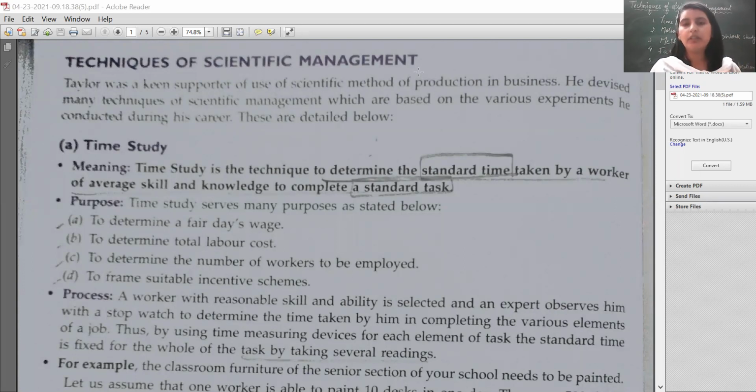What time? The time which is required to complete one particular task. This is the study which we call as time study, wherein we will find out by scientific inquiry how much time is required to complete one particular task.